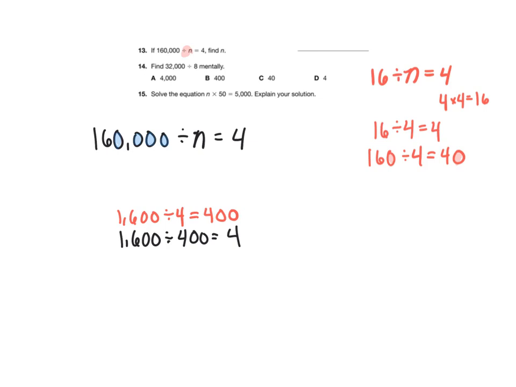So we can take 1,600 divided by 4 equals 400 and say, okay, 1,600 divided by 400 equals 4. I've got 2 zeros here and I've got 2 zeros here. On this side of my equal sign, they cancel each other out and leave me with no zeros on this side of my equal sign.